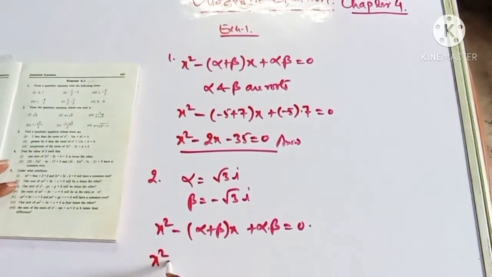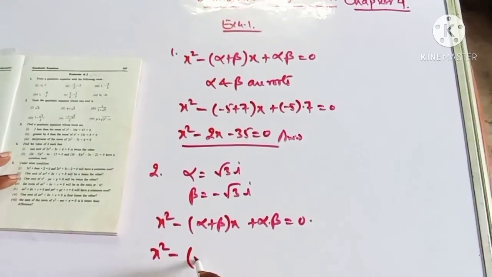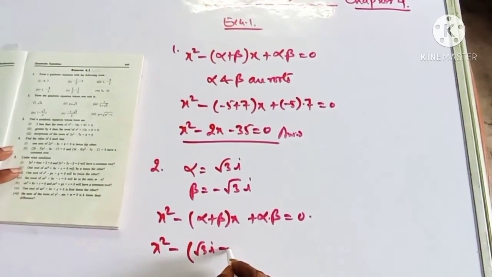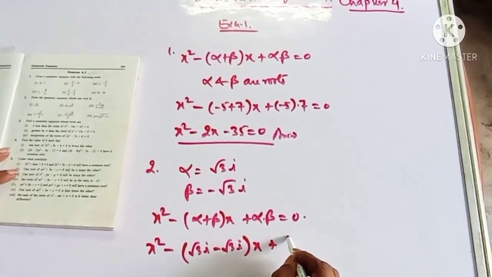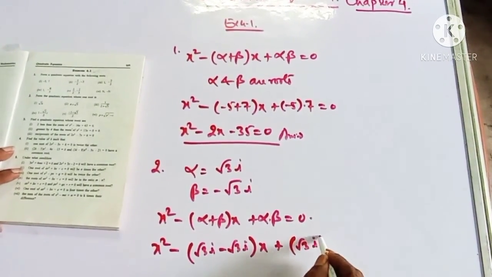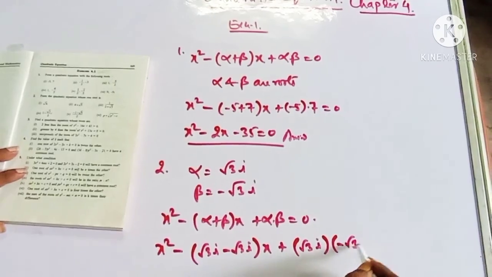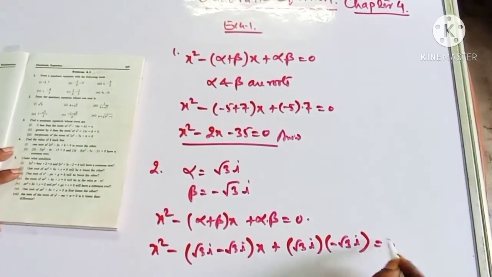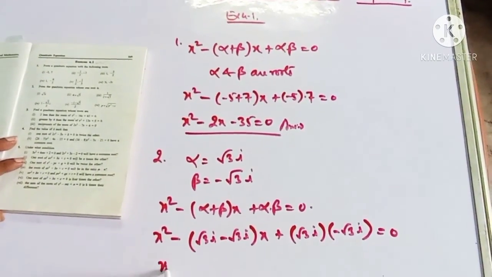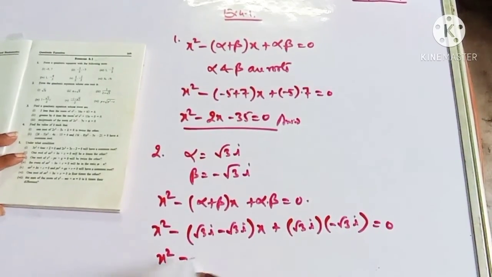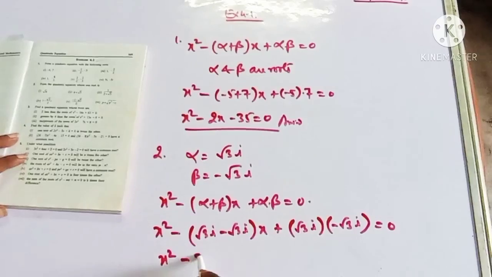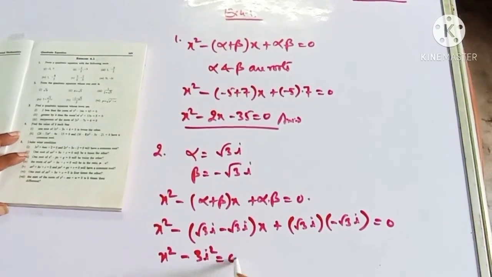So x square minus sum of the zeros, root 3i minus root 3i, into x plus root 3i into minus root 3i, equal to 0. So x square, minus root 3 into root 3 i square, that is minus 3i square, equal to 0.